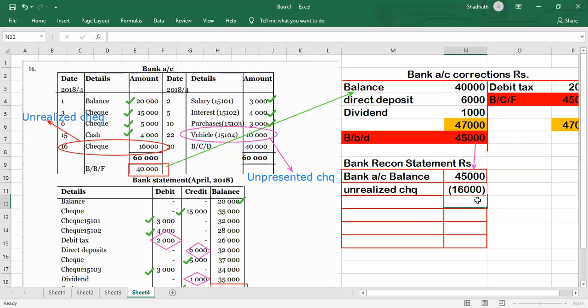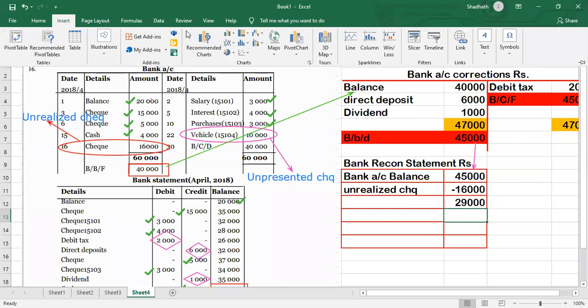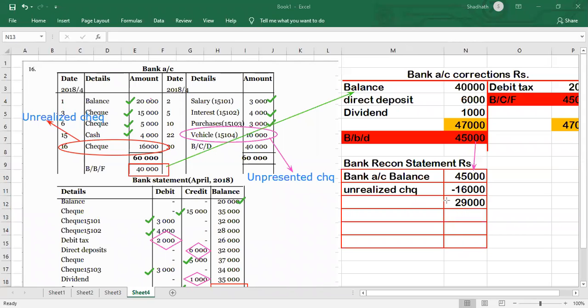So once you deduct, we will get a 29,000 balance. 45 minus 16, 29,000 balance we have. Does anyone have a doubt? Unpresented check to be added. Once you add the unpresented check 10,000, you will get 39,000.